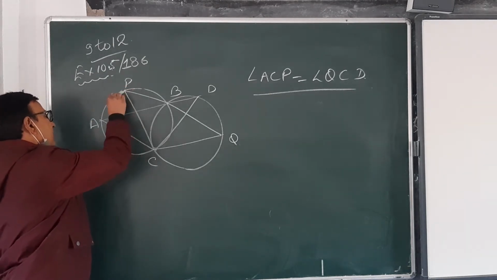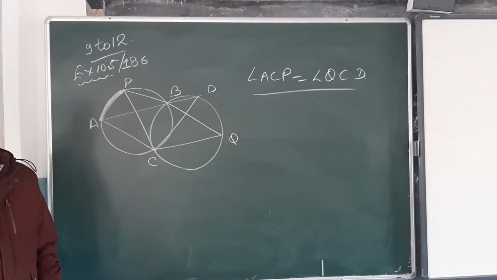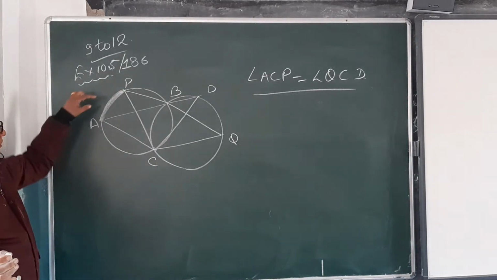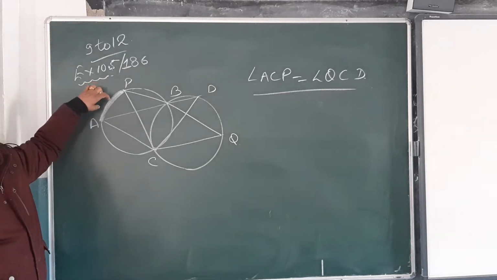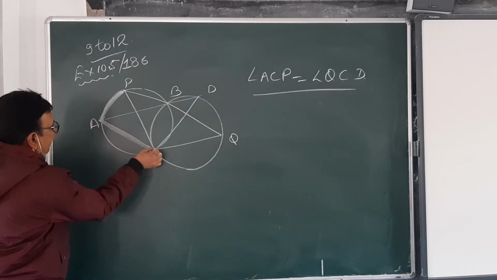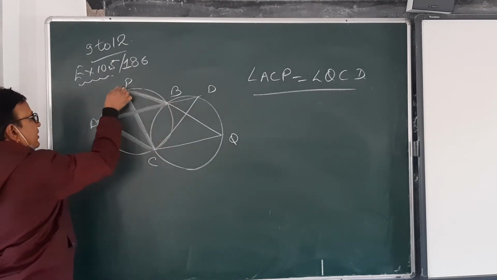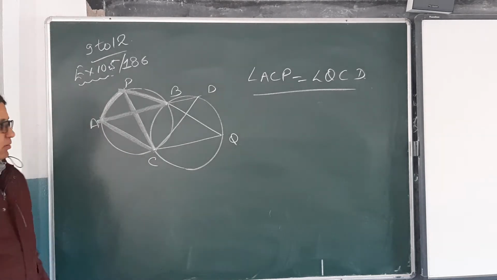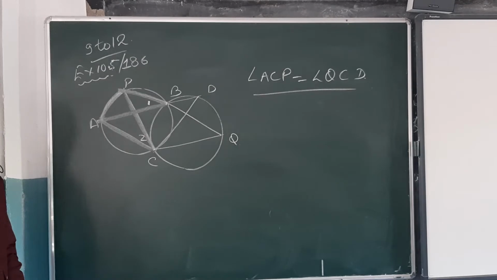AP is the arc, right? AP is the arc. Now you see the two angles made by arc AP. Simply you can see here ACP and ABP. These two, means 1 and 2, are equal.